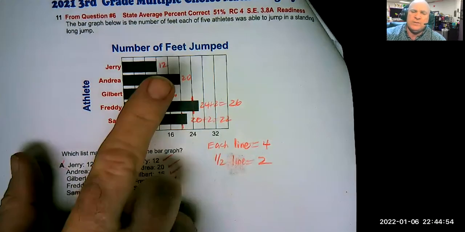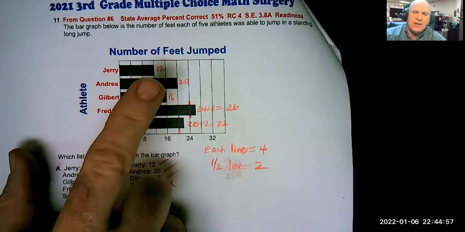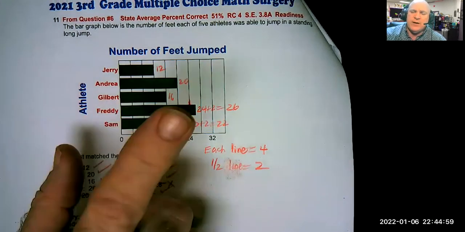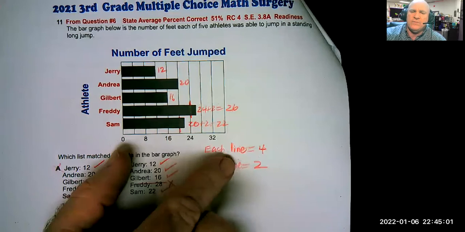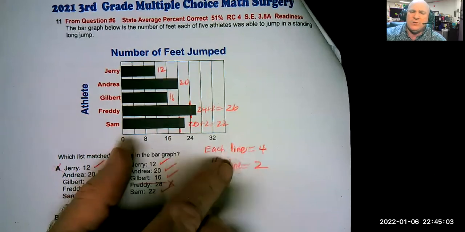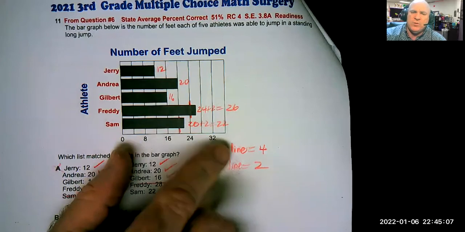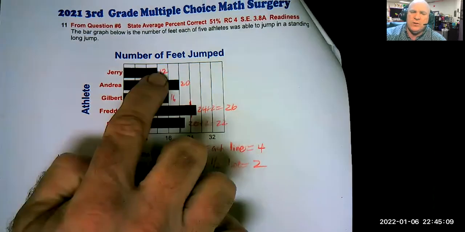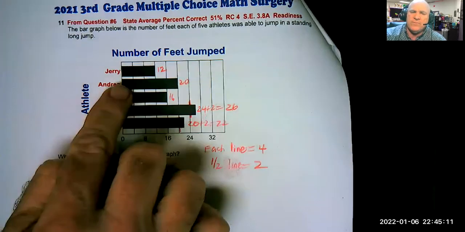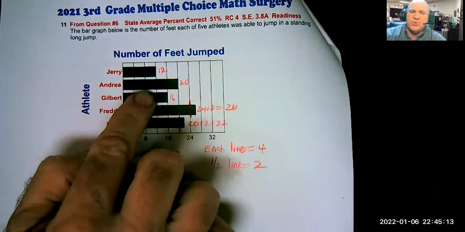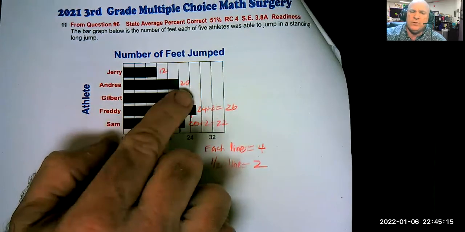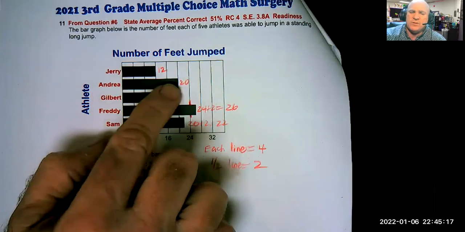And so once again, keeping in mind that each line is 4 feet and a half a line is 2 feet, then we know that Jerry would be 12. Andrea, 1, 2, 3, 4, 5 would be 5 times 4 is 20. Gilbert, 1, 2, 3, 4 times 4 equals 16.